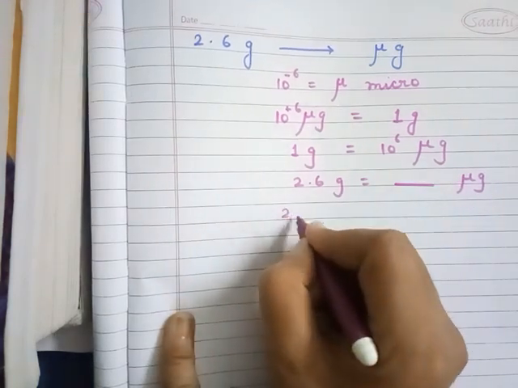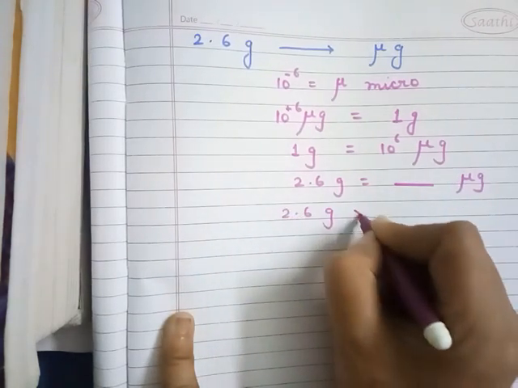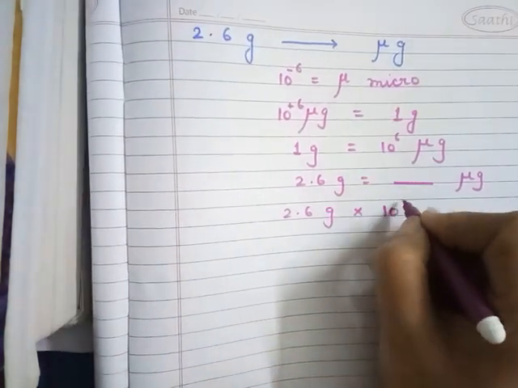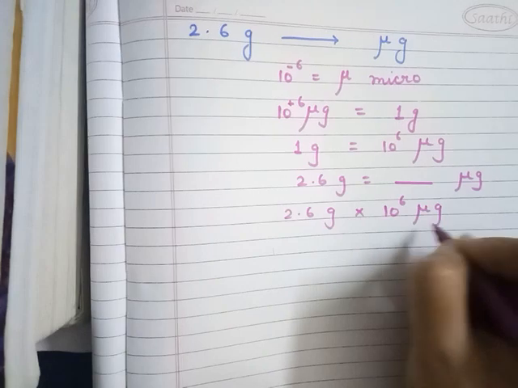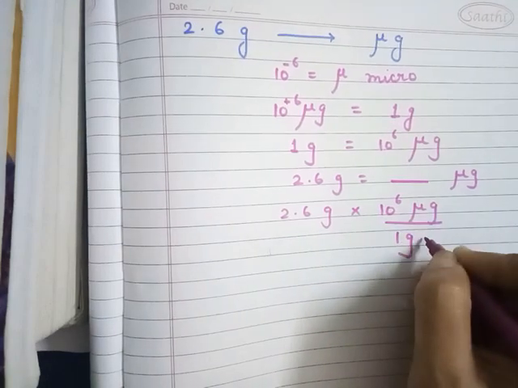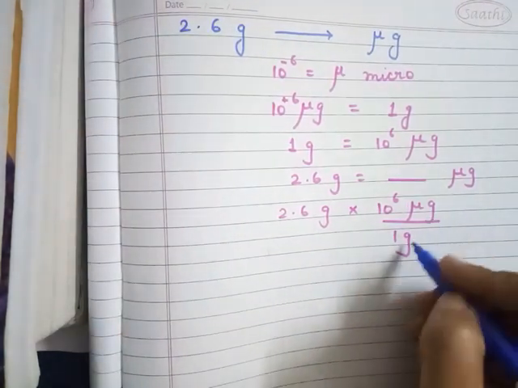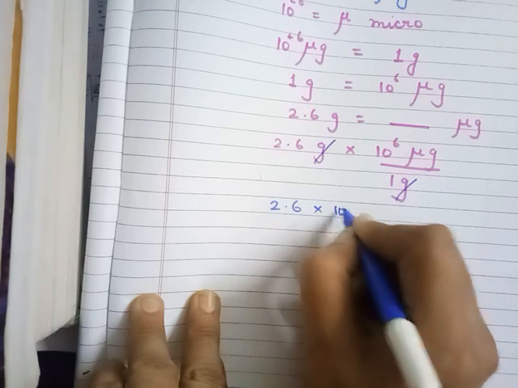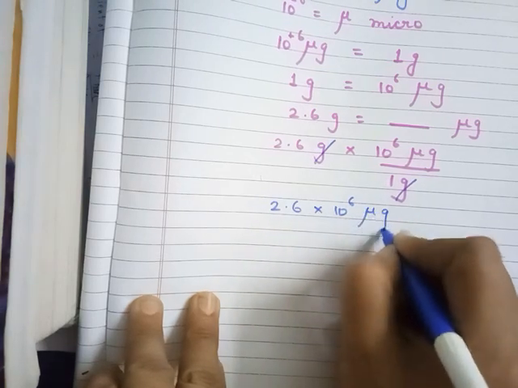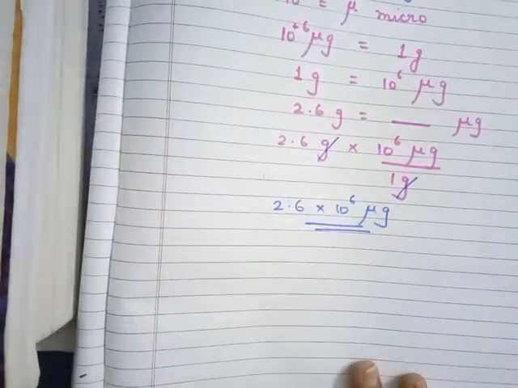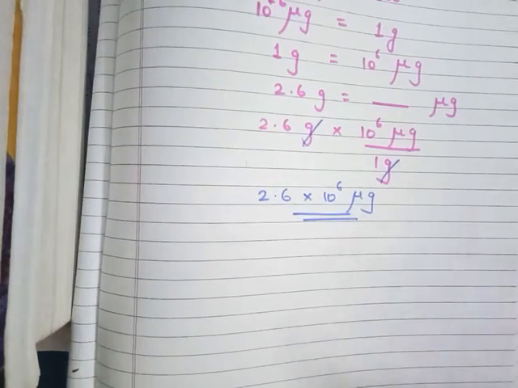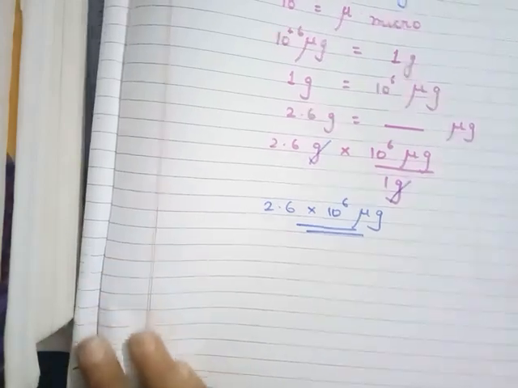I have a unit factor: 2.6 gram into 10 to the power 6 microgram upon 1 gram. Now gram and gram will cancel out, and 2.6 gram now turns to 2.6 into 10 to the power 6 microgram. So this is how you can convert one unit to another.